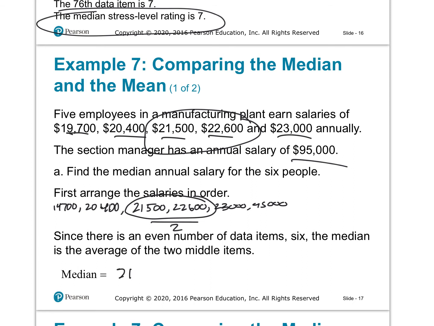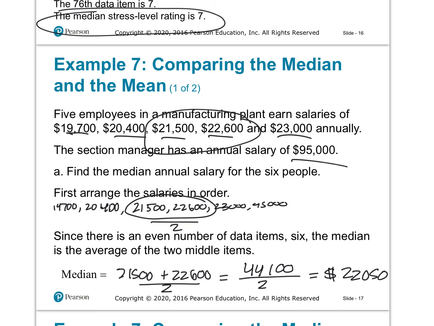So 21,500 plus 22,600 divided by 2. So we get 44,100 divided by 2, which gives us our median of 22,050. So that's like the middle of your salaries.